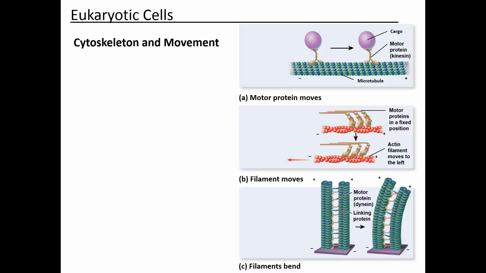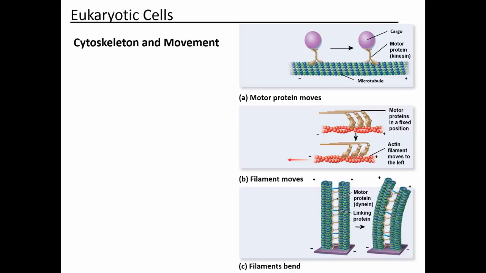What you have here is a group of motor proteins, and here you have an actin filament. This would be called the head of the motor protein. The head of the motor protein grabs onto the actin filament and pulls on it, and that causes the actin filament to slide in one direction, in this case to the left.